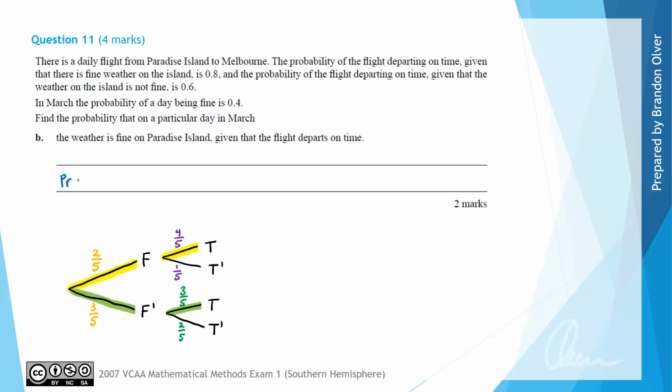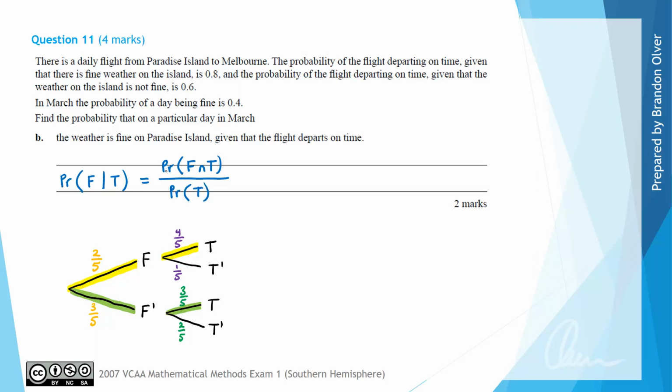So that is a conditional probability, so we are asked for the probability that the weather is fine, given that it departed on time. That is equal to the probability that it is fine intersecting that it left on time, divided by the condition, which is the probability that it was on time.